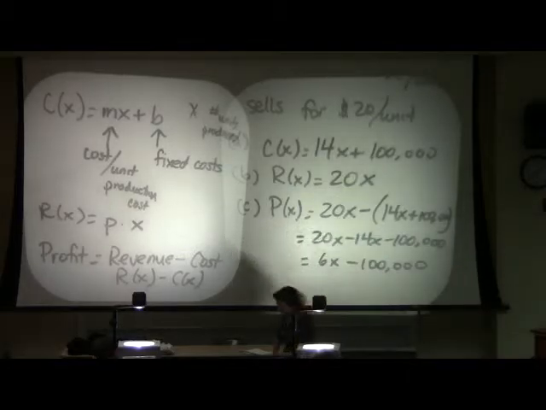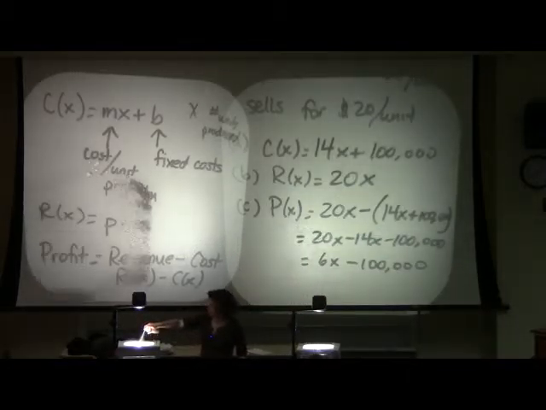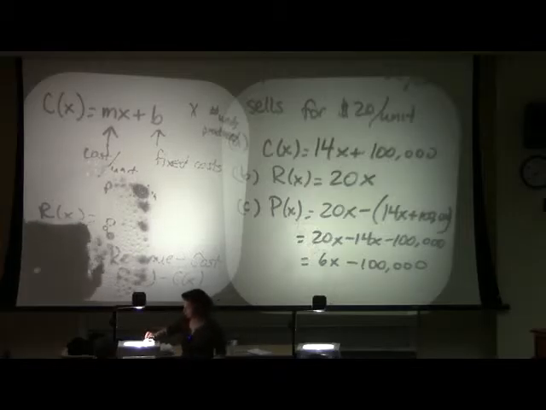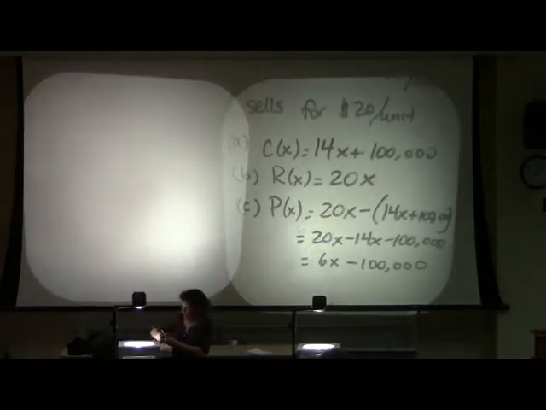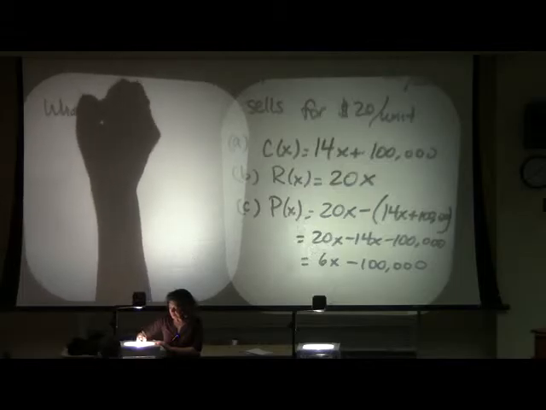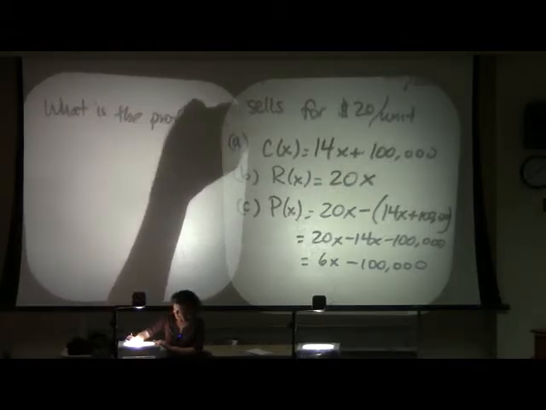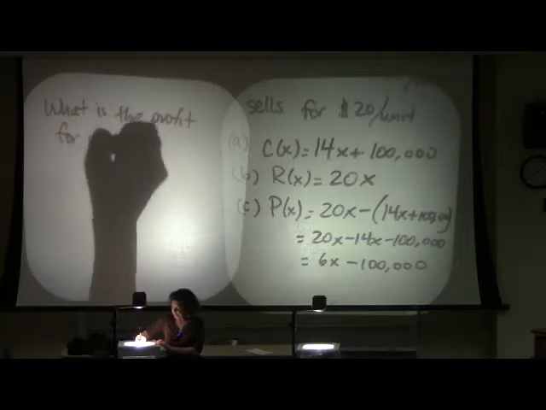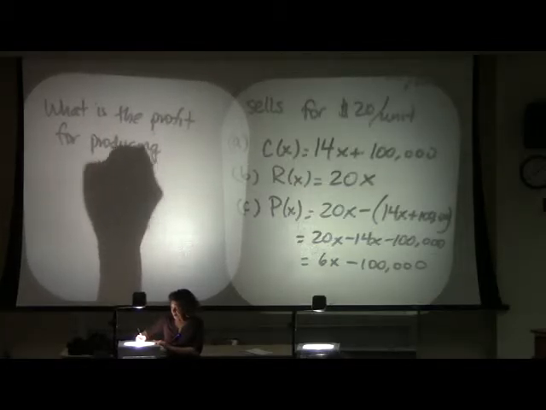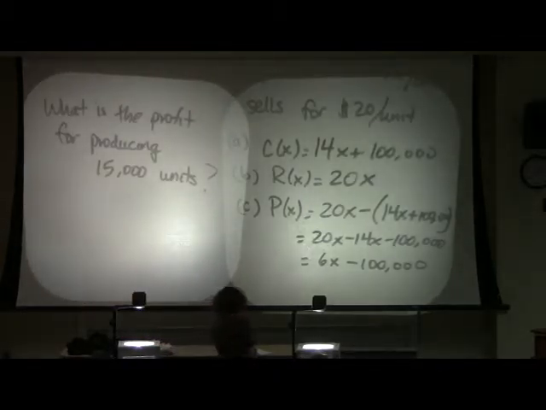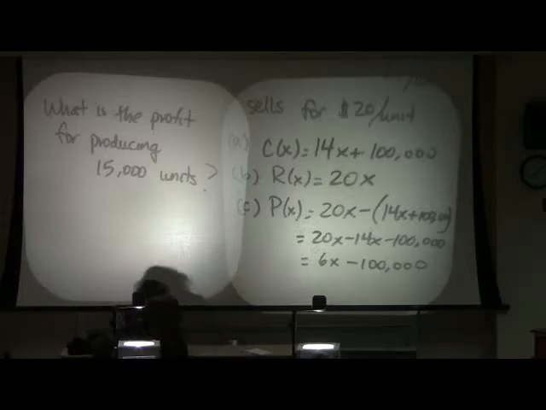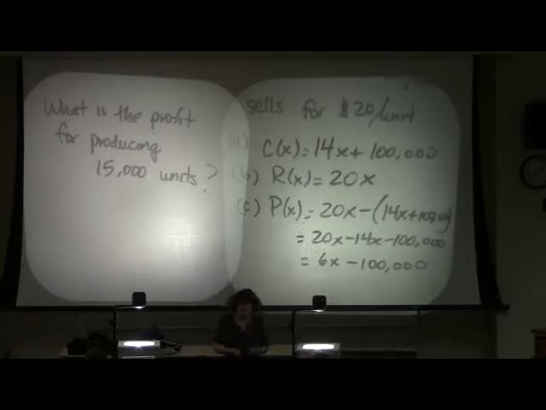All right. So, while we're on the subject here, let me just ask you two questions. What is the profit for producing, how about 15,000 units? Well, again, we have to figure out what we have here.